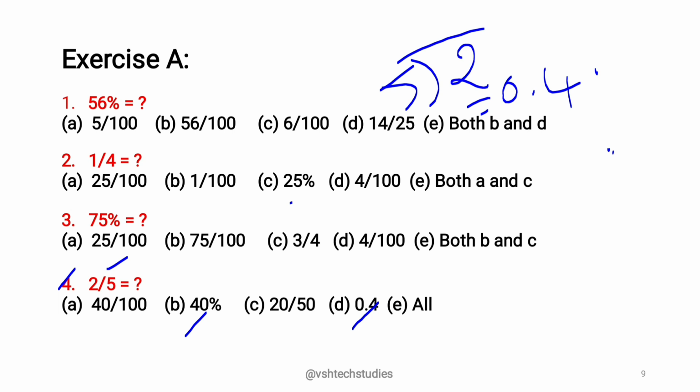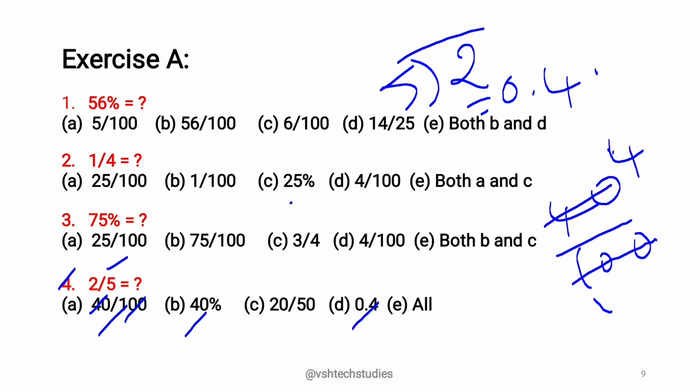Then 2 by 5, so 40 by 100, if you take here, 10 fours are 40, 10 tens are 100, further 2 twos are 4, 2 fives are 10. It is also equal to 2 by 5. So this option is also correct.